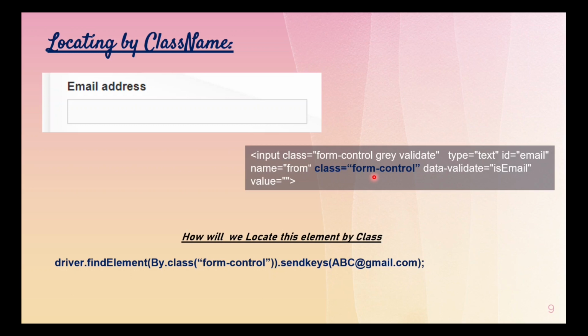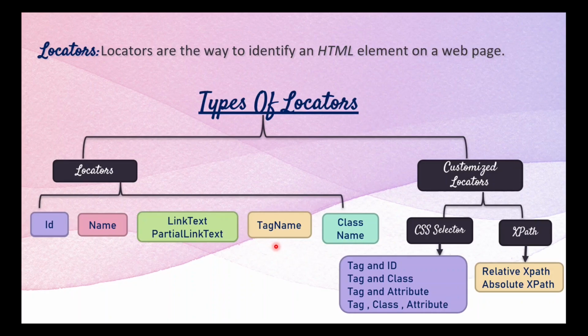For each element the ID value is different, whereas for class the value can be the same across multiple elements. So many testers don't use class. Automation testers use the class locator much less compared to ID and name. The next locator that we have is the tag name.